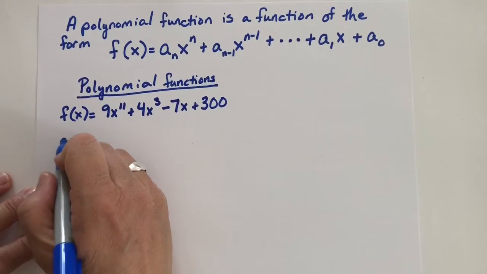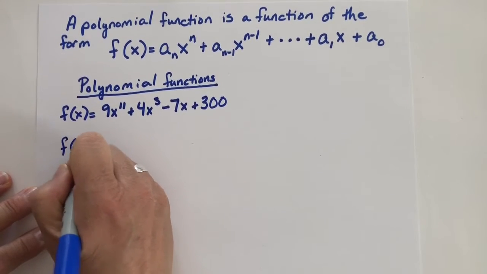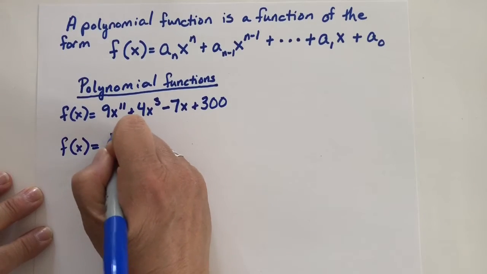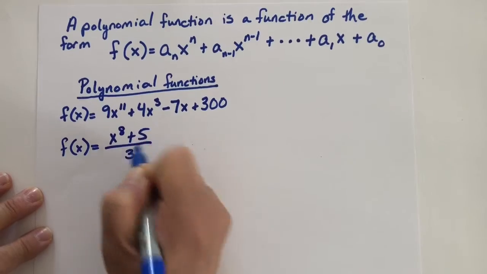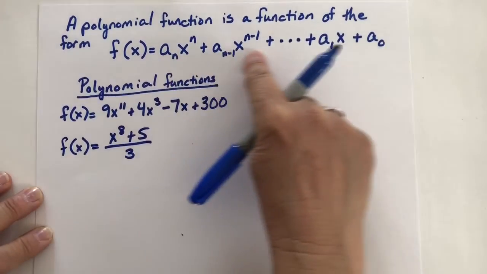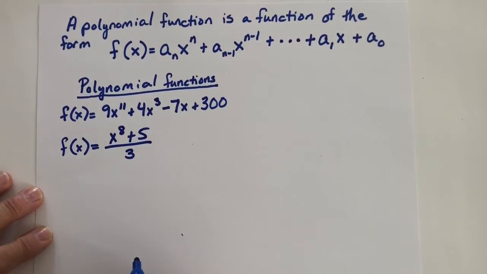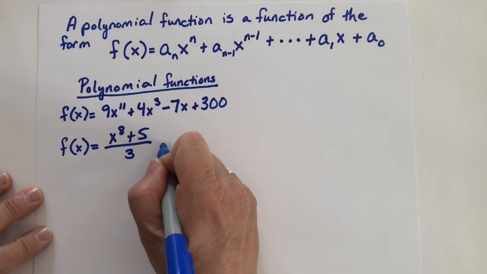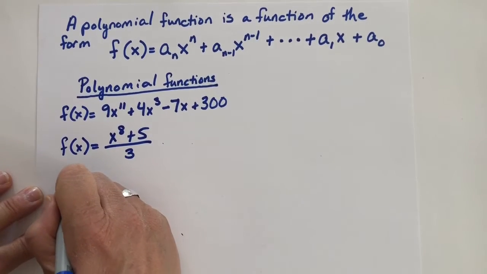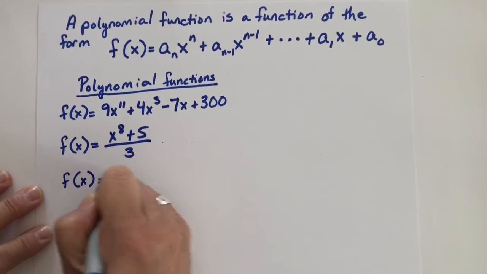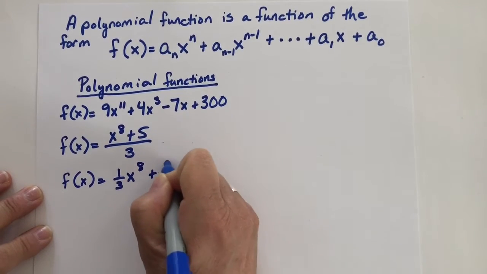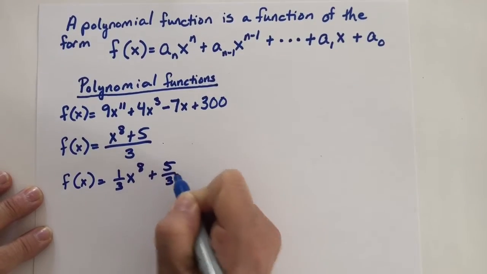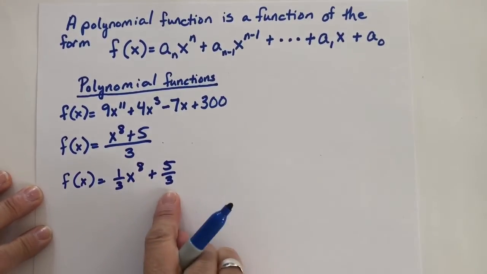Or f of x equals x to the 8th plus 5 over 3. Now it doesn't quite have that same look, but we could rewrite that, right? We could rewrite this as f of x equals 1/3 times x to the 8th plus 5/3, right? So now it has this look.